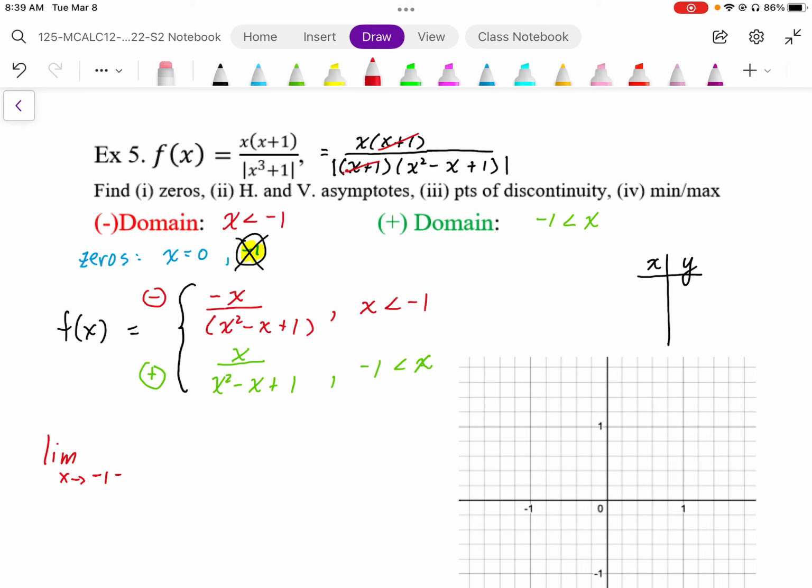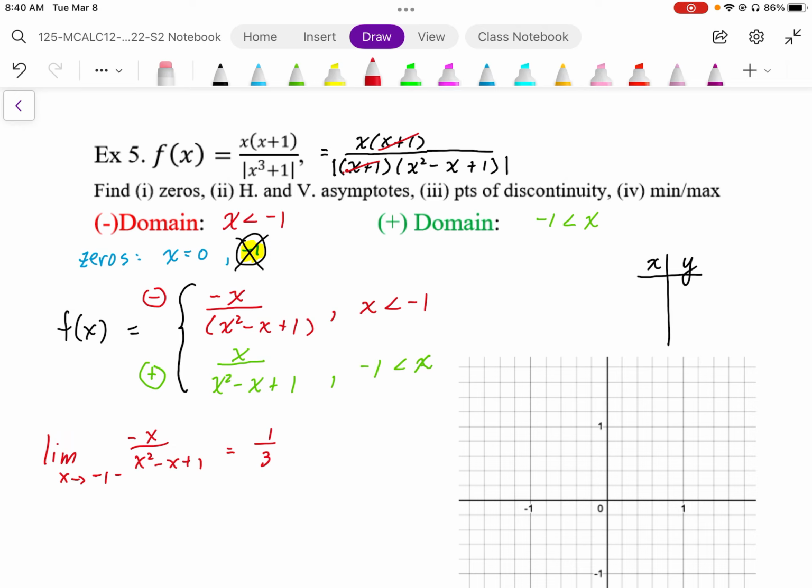So we're going to end up with, I'm going to just write the whole expression in. So when I plug that in, I'm going to end up with 1 over, and this is going to be 1 plus 1 plus 1, so it's going to be positive 1 over 3.